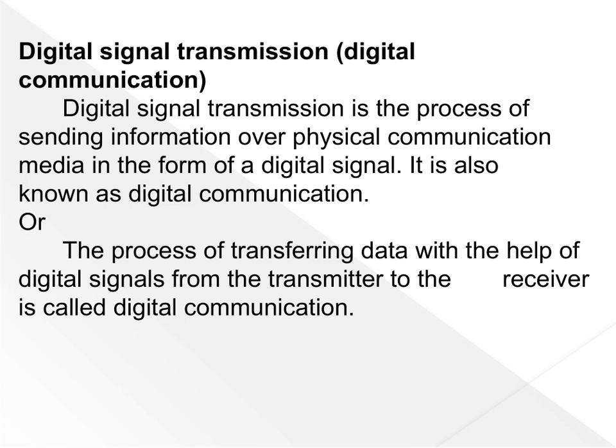This process is crucial because it ensures data integrity, speed, and efficiency in modern communication systems. Connecting this to the overall theme, understanding digital signal transmission helps us grasp how digital technologies enable the seamless exchange of information in our digital world.